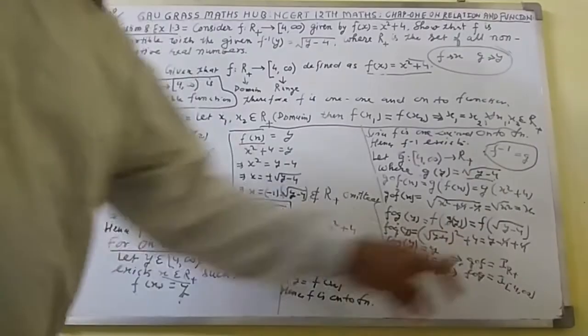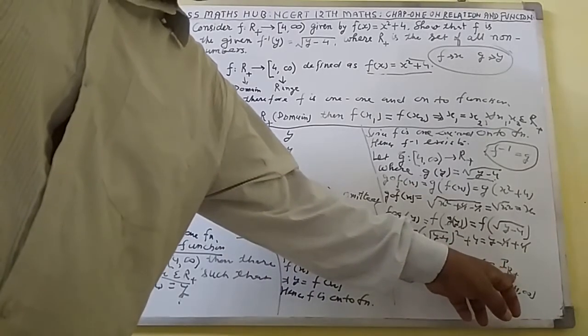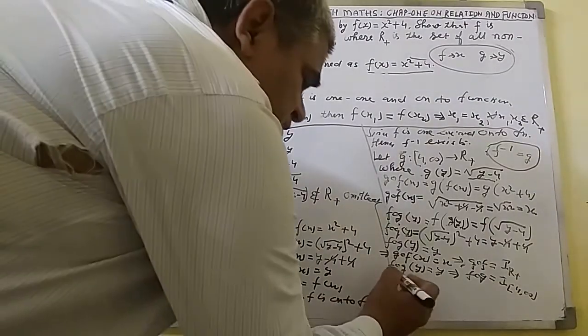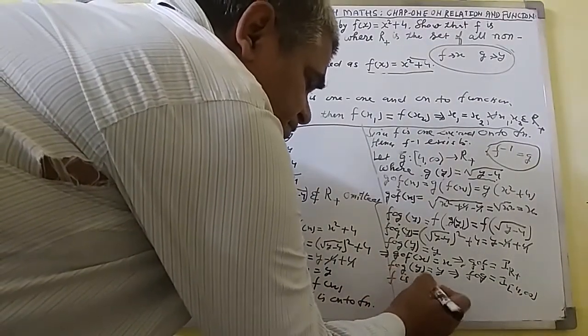And g of f equal to the identity function on the domain. So hence you can see f is invertible.